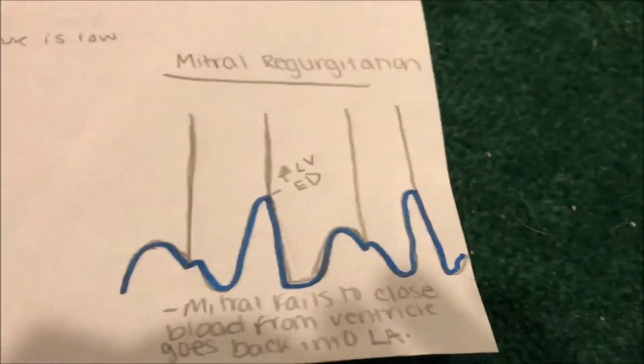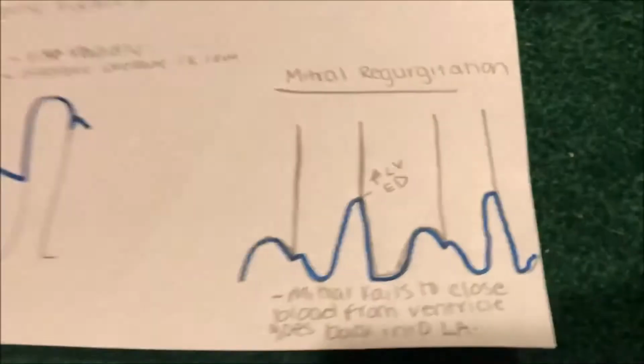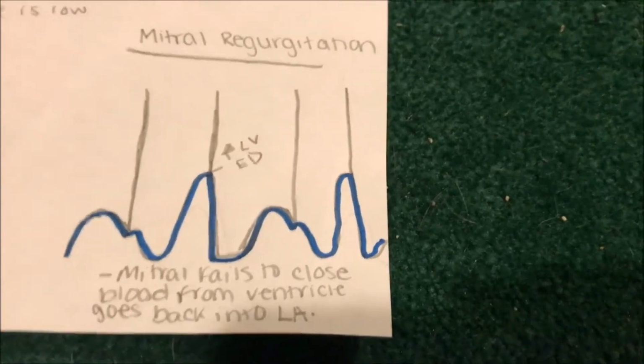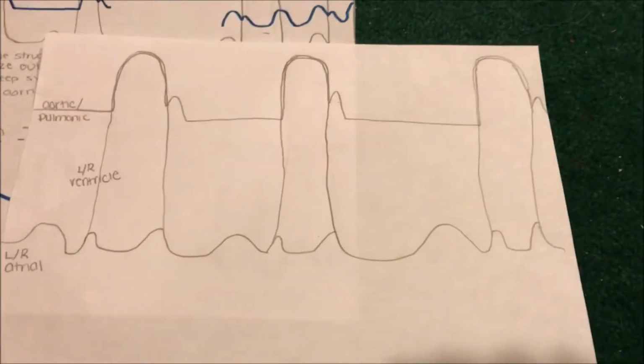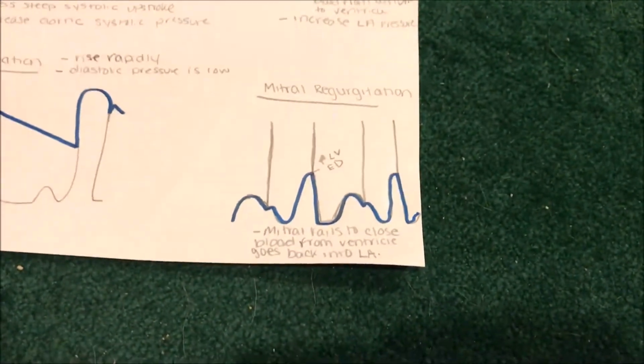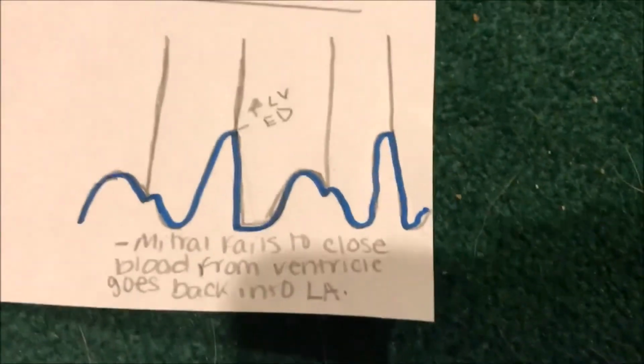Mitral regurgitation. So we'll look at that waveform, and it doesn't look too crazy, but then if you look again, the V wave in that one is up a lot higher. The V wave should match the A wave at all points. So when you look at here versus you look here, you can see that there is a big difference.